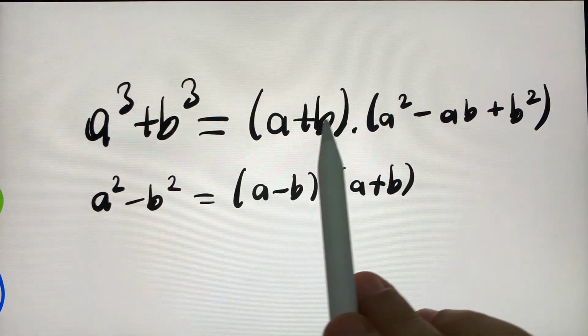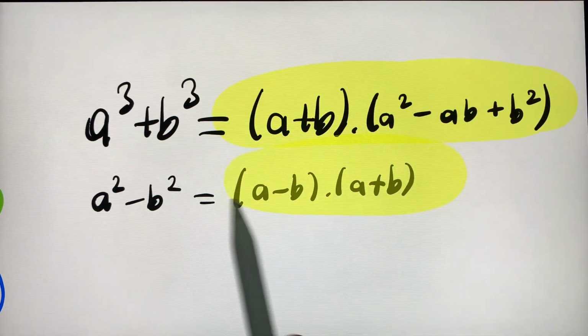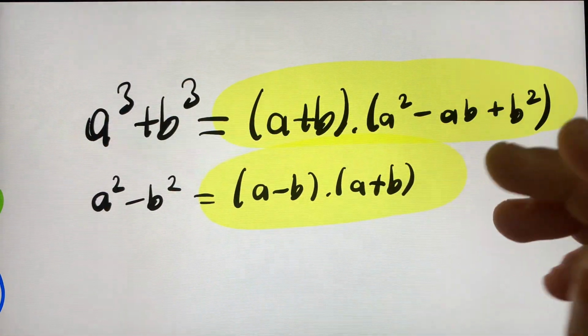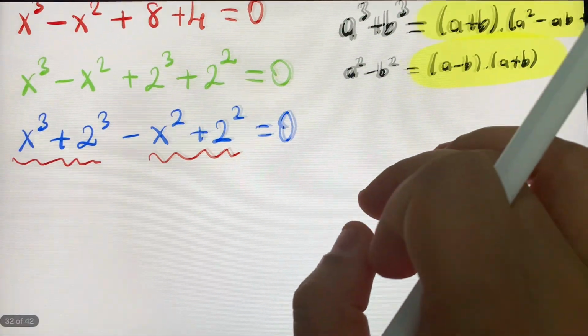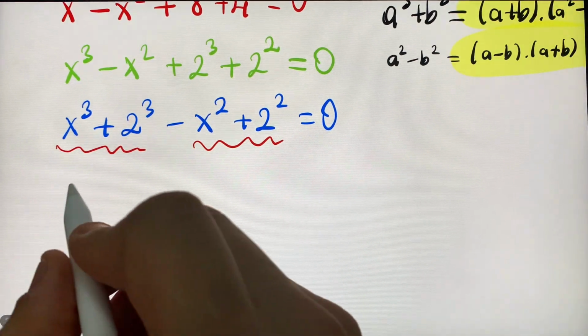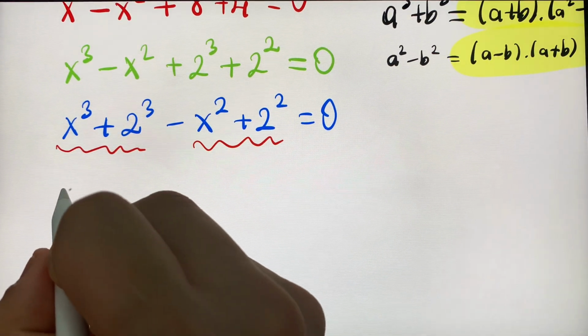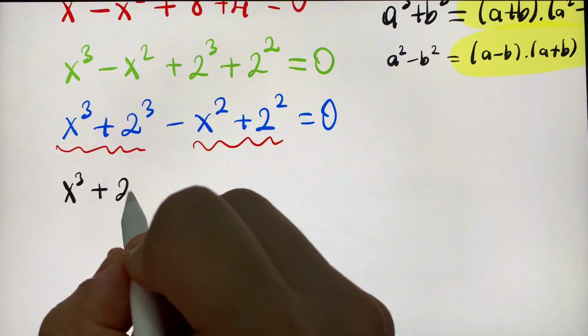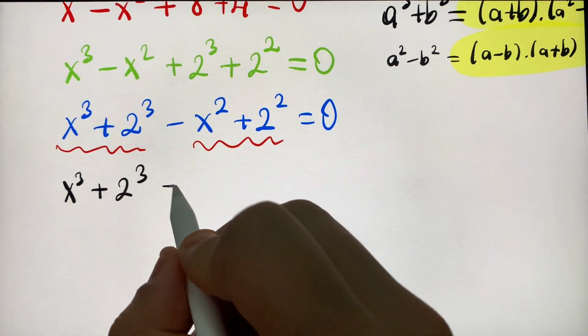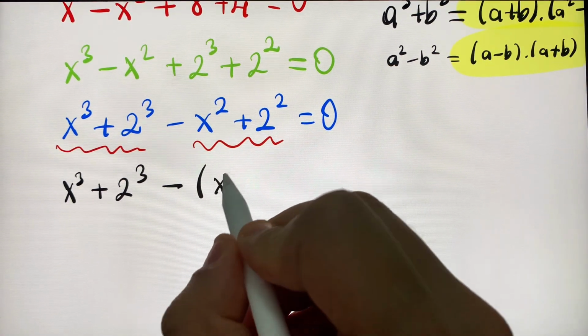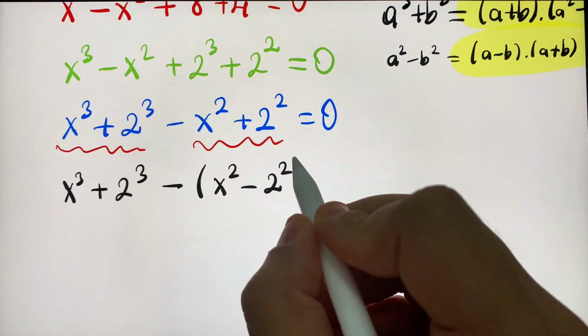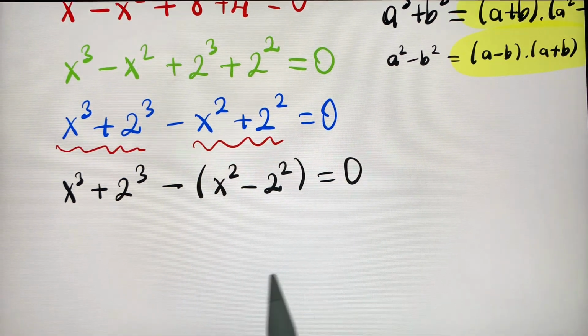Now I have these statements. I will try to do something using them in the equation. If I write like this, x cubed plus the cube of 2, I'm getting the minus bracket, x squared minus 2 squared is equal to 0. I really got the format I wanted.